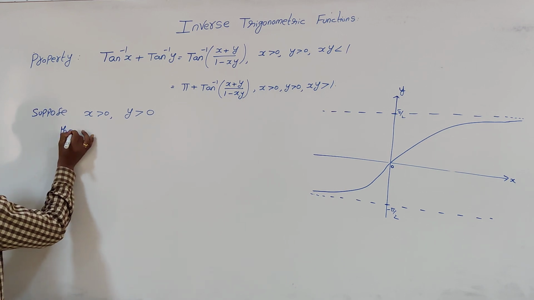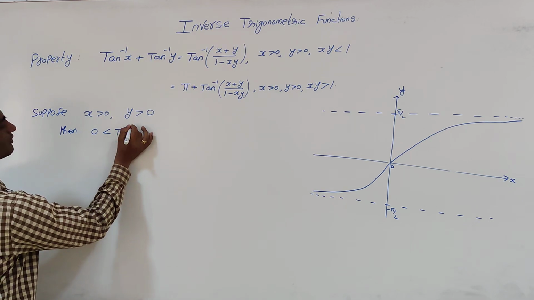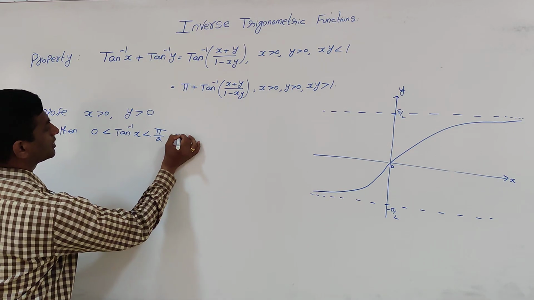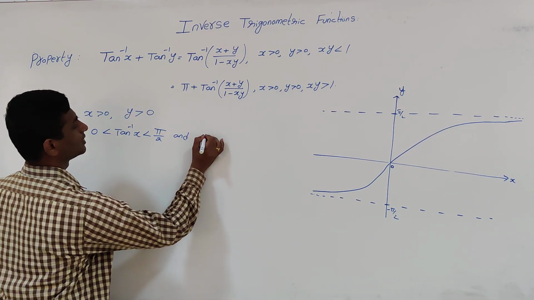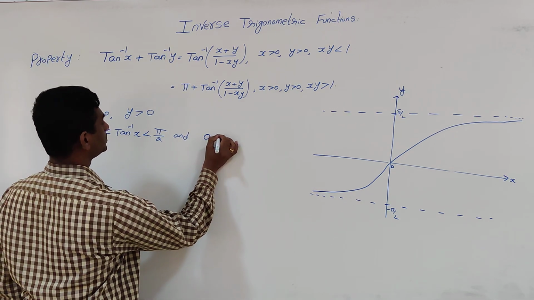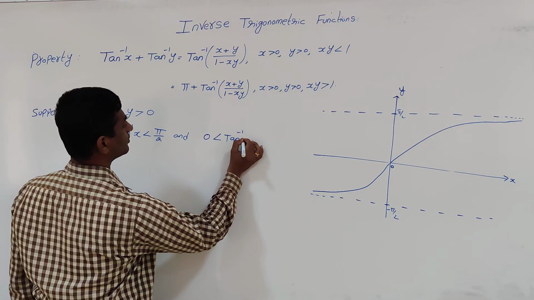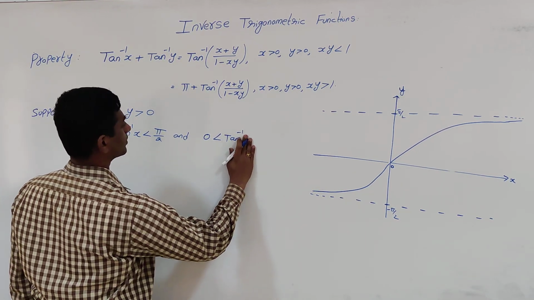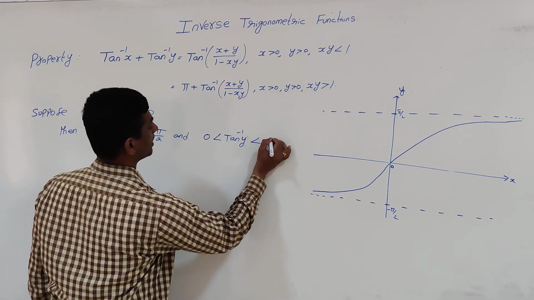So 0 less than tan inverse of x less than pi by 2, and y is also a positive real number, then it will also lie between 0 and pi by 2: 0 less than tan inverse of y, because y is the input, less than pi by 2.